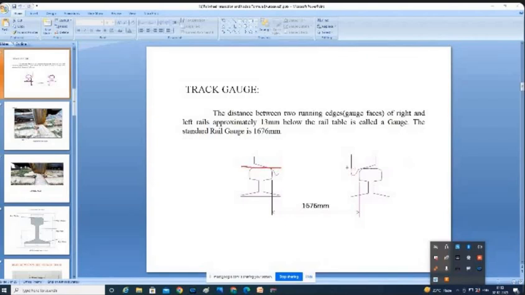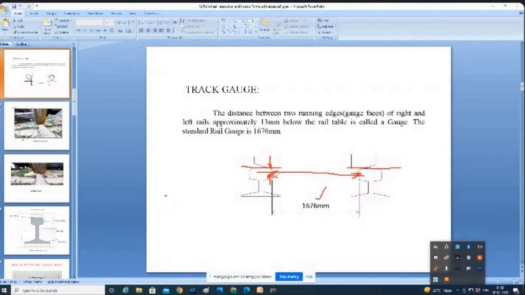Similarly, this is the rail table. From the rail table, please understand what I am telling you, 13 mm below, you mark a point on the gauge face. Similarly here also, 13 mm below the rail table you mark it. If you join this line, this must be equal to 1676.